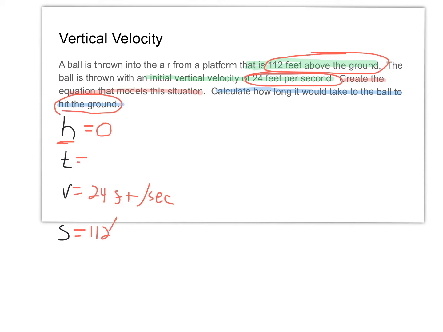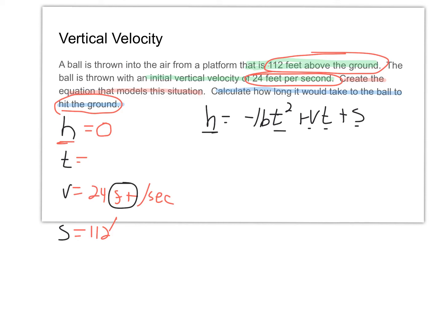Okay, so let's start setting up our formula. Remember, because we're using feet, our formula is H equals negative 16t squared plus vt plus s. Again, H is ending height, t is time, v is the velocity, and s is the starting point.